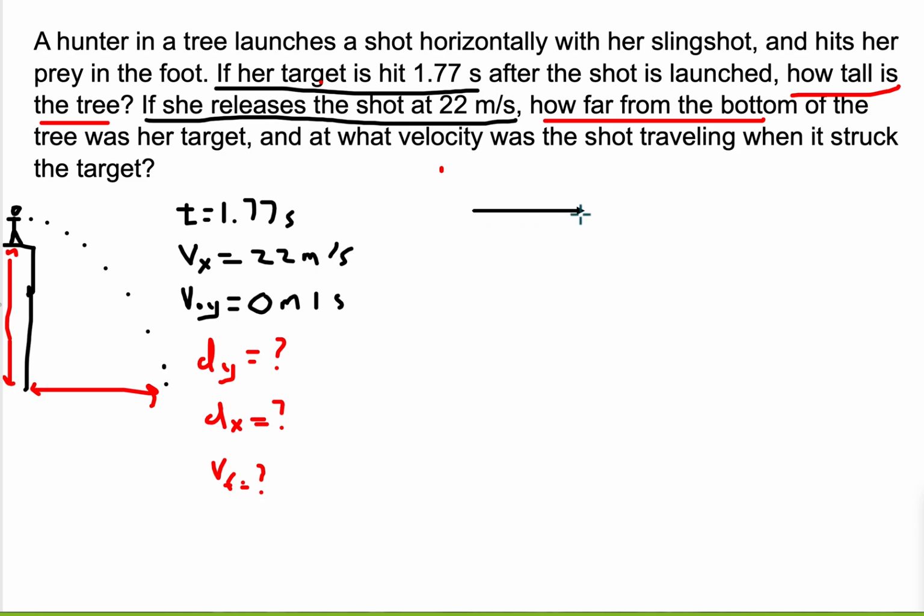So we know that we're going to have some velocity in the x direction, and that we'll have some velocity in the y direction. And then if we find the resultant of that triangle, that'll be the actual velocity. So we already know that Vx equals 22. We don't know what VFY is yet.